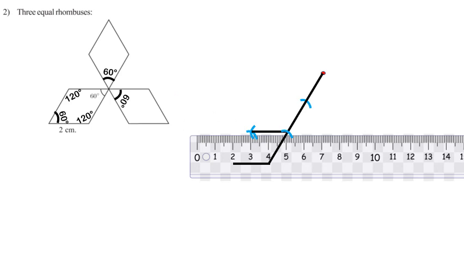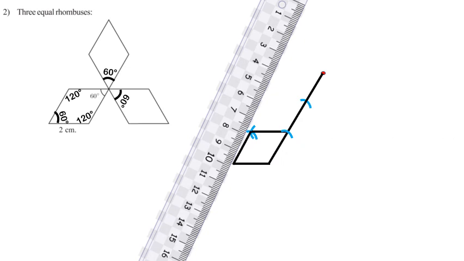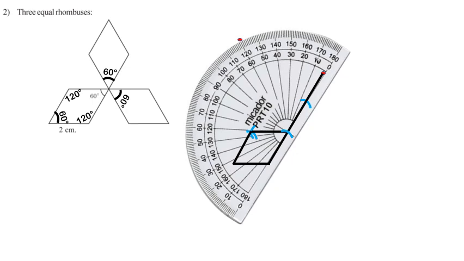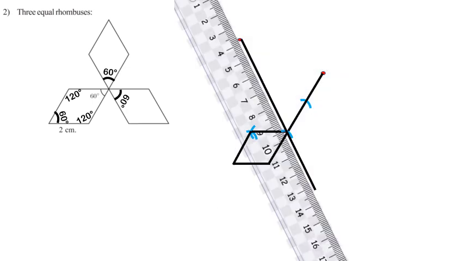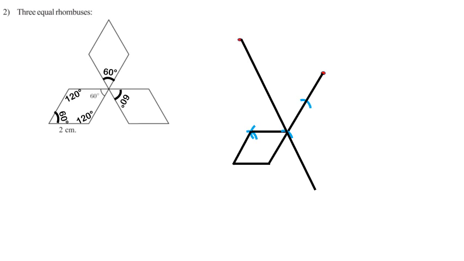Then next rhombus. For that, keep our protractor at this end and mark a 60 degree angle from the upper end. Then draw one straight line passing through the center to this point like this.